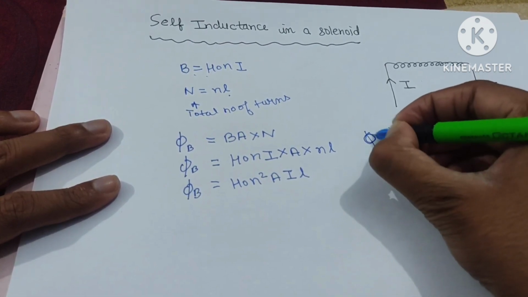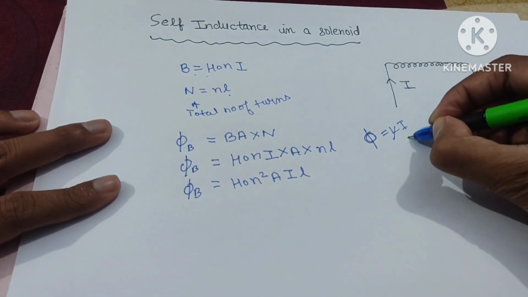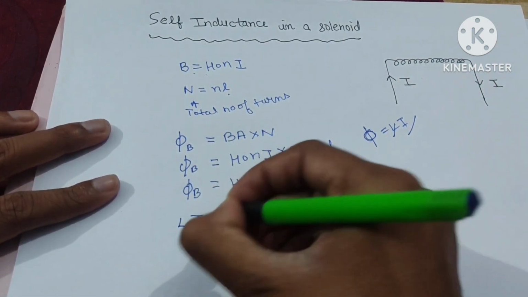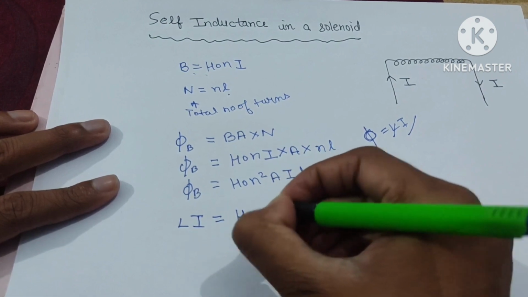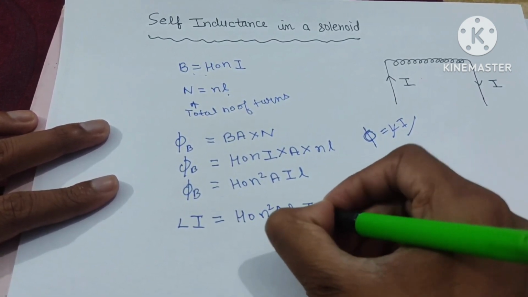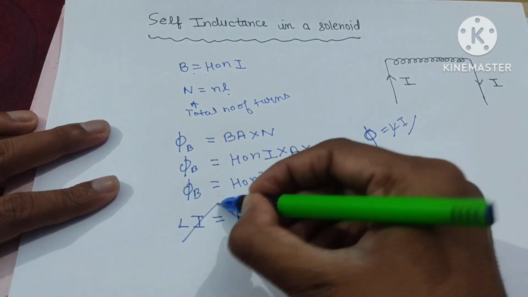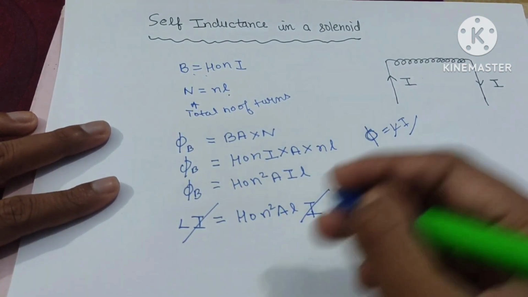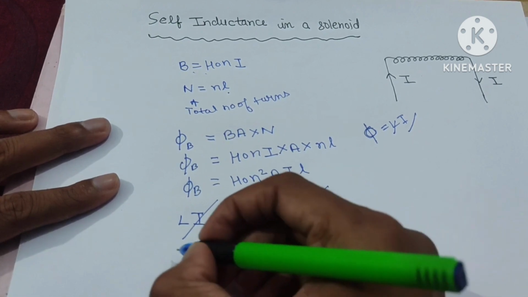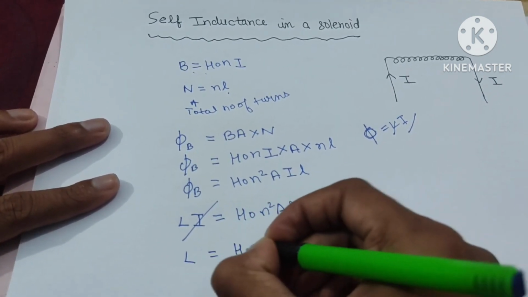Okay, phi is Li, L is the inductance, I is the current. Okay, so put here L I equal to this. Now cancel the I here, and we are left with L equal to this.